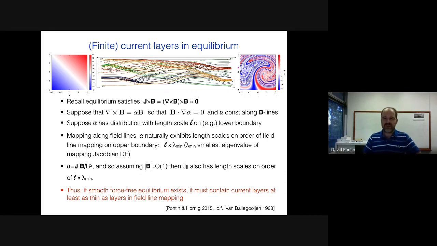And now let's imagine that alpha has some distribution with a characteristic length scale, call it L, on say the lower boundary, the left-hand boundary in the picture at the top there. So now if we know alpha on one cross section and we know that alpha is constant along field lines, then we can just project alpha along the field and find out what the distribution of alpha is at any other cross section.